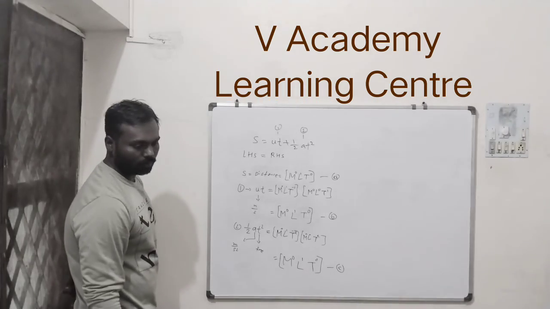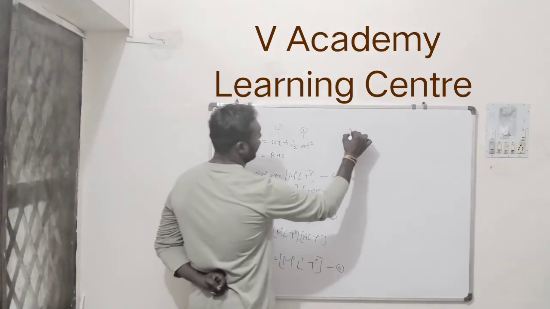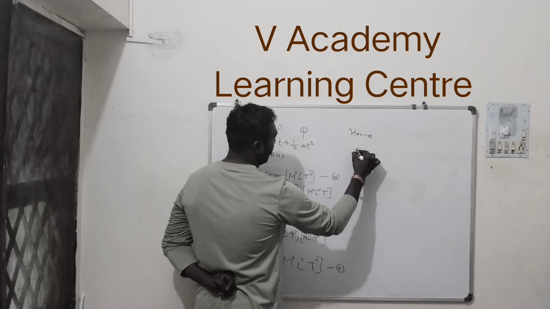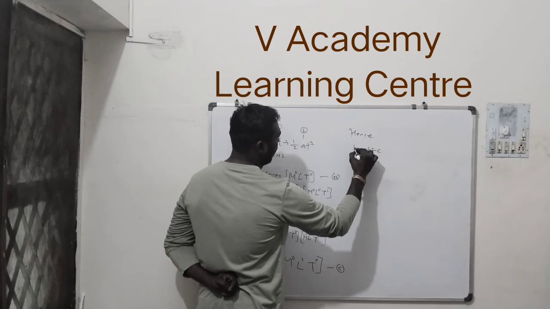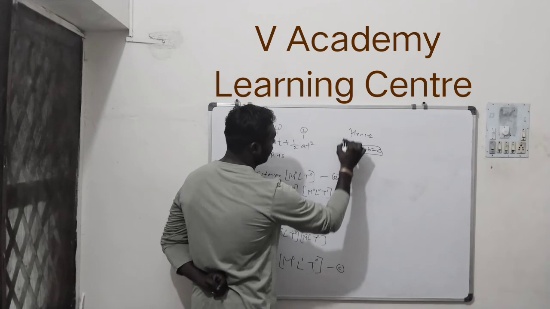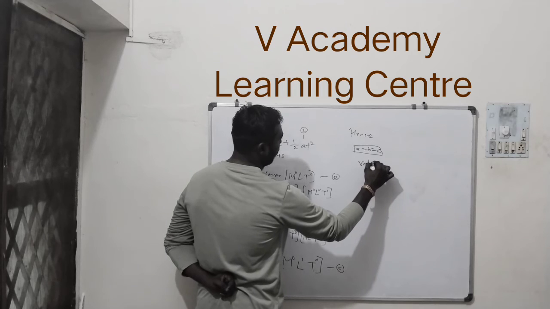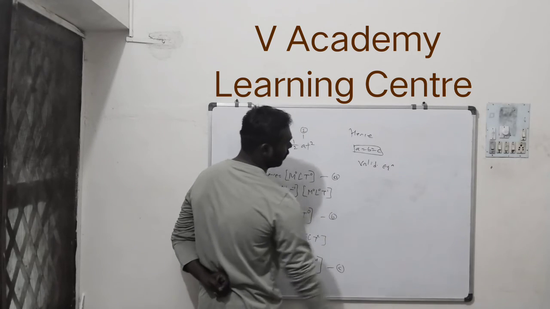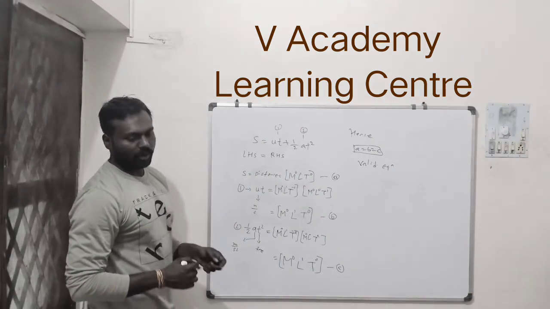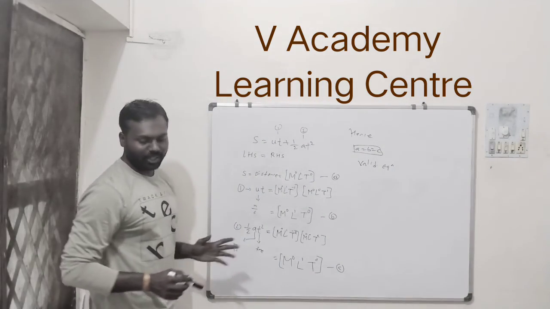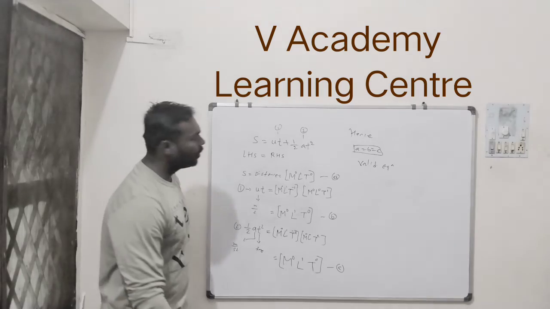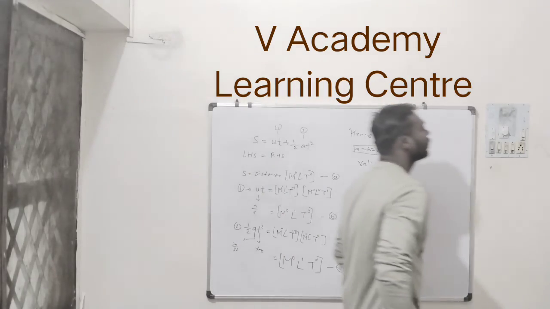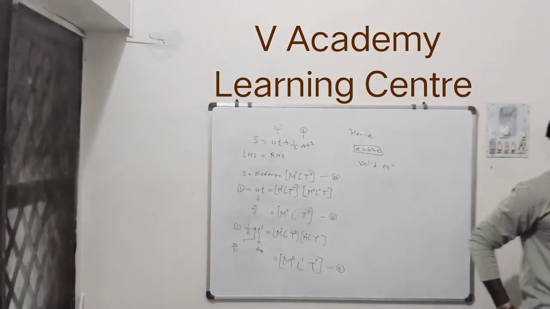All equal. So hence, A equals B equals C. It is a valid equation. It is perfect, a correct equation. No error, nothing.